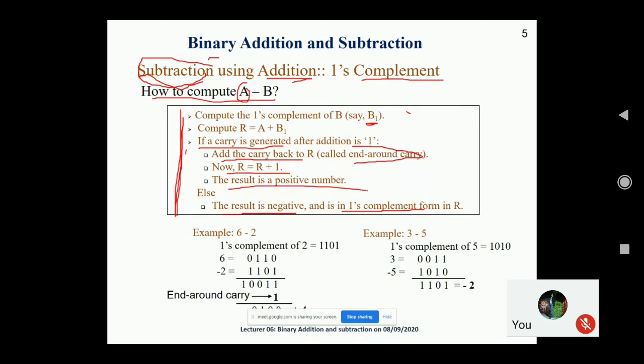Otherwise, if carry is not generated, you can simply put a negative symbol in front of the number, and this is the ones complement of the original number R. Now let's take one example: 6 minus 2. Here 2 is b. So what is the first complement of 2? What is the binary value of 2? 0, 0, 0, 0, 1, 0.